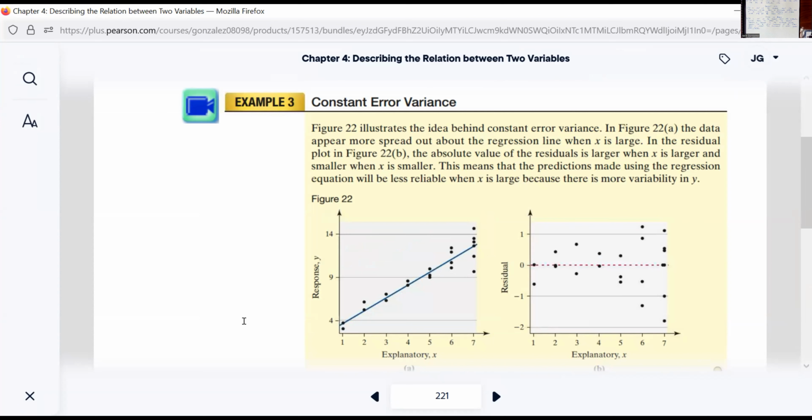The model is not very good because it starts to have too much variation after about 4. The data points spread out as well, and there's more variation at the end, which is represented by the residual plot.